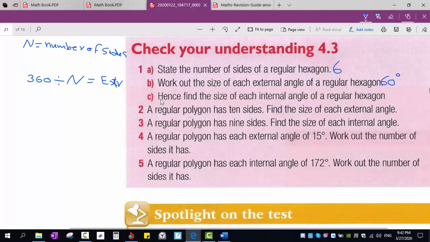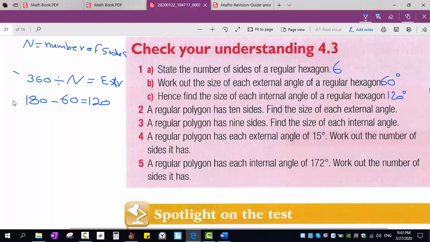Whenever you want to work out the interior angle, or internal angle, it can be worked out by subtracting the exterior from 180. So 180 minus the exterior, which was 60, gives 120. So the interior angle of a regular hexagon is 120 degrees.